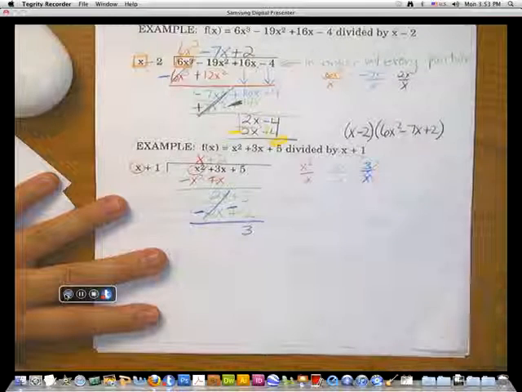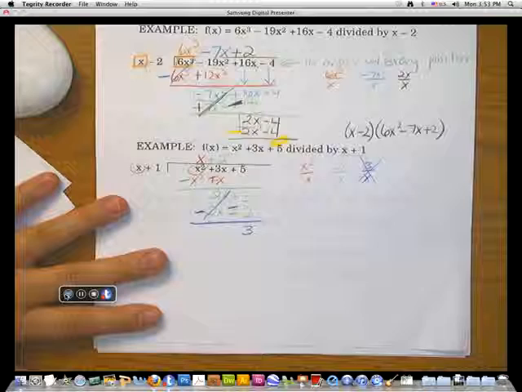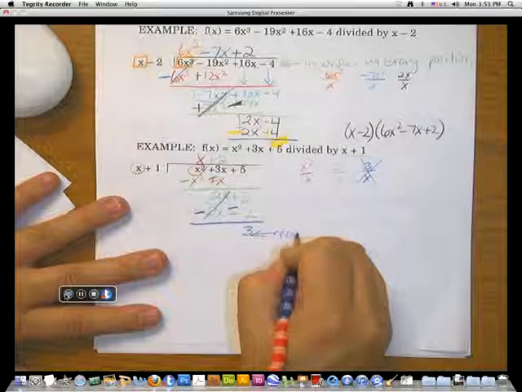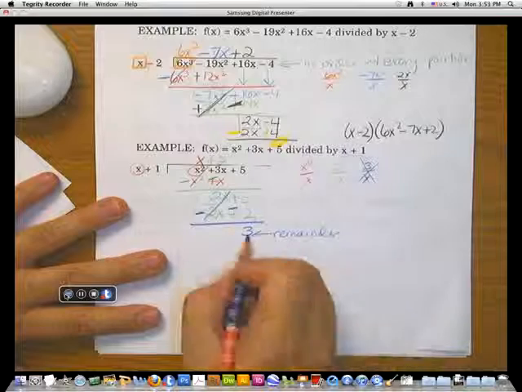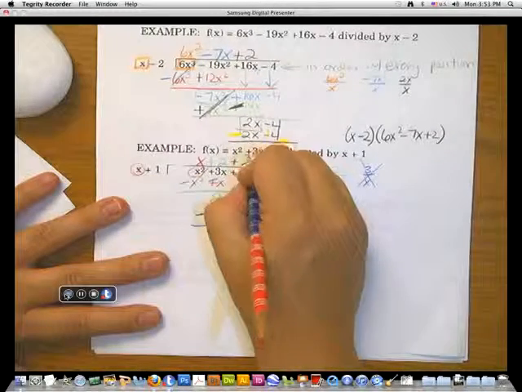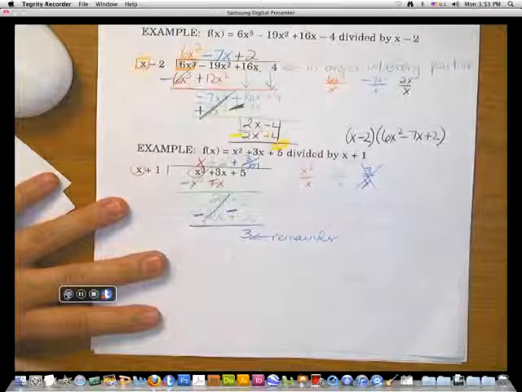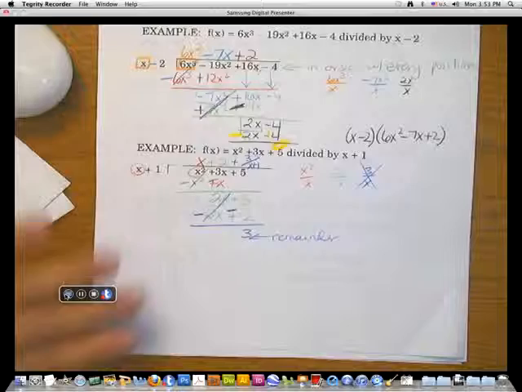Can't happen. There's no way I can divide x into the 3. So this is now my remainder. And just like elementary, what do you do with remainders? You put them over the divisor. And we always put this little plus sign there.